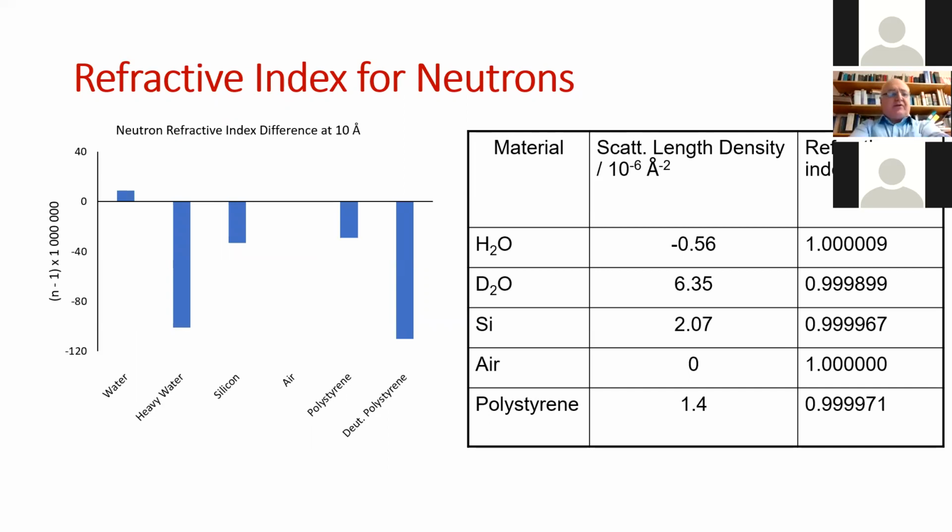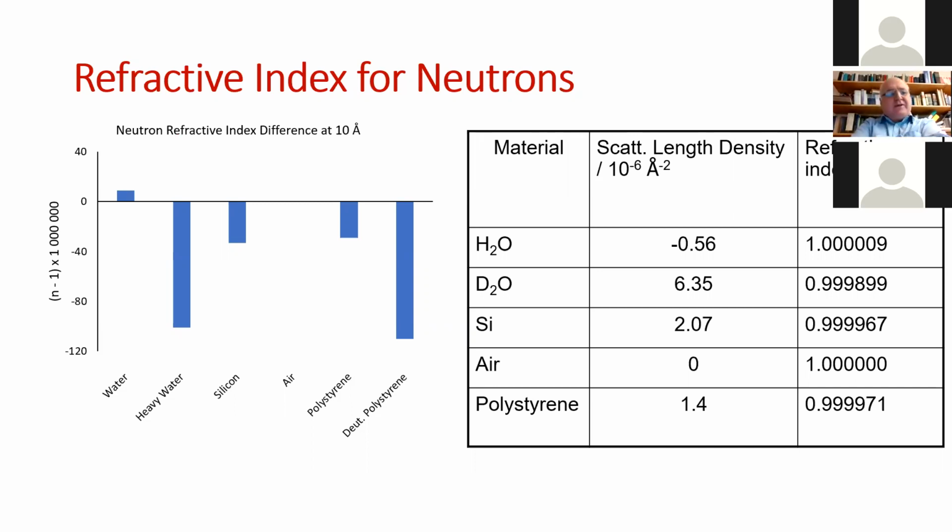If you're used to the refractive index for light, you think of the refractive index of vacuum is 1, air is very close to 1, water is 1.33, glass maybe 1.55.